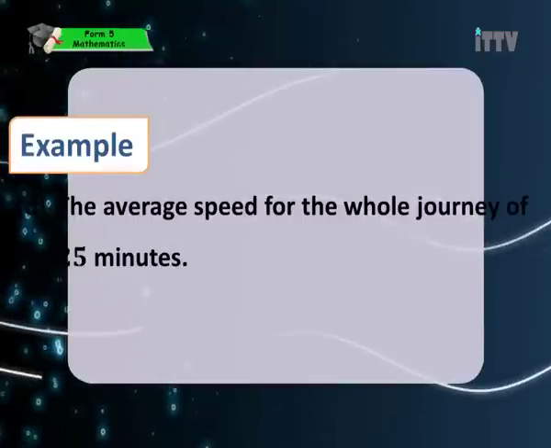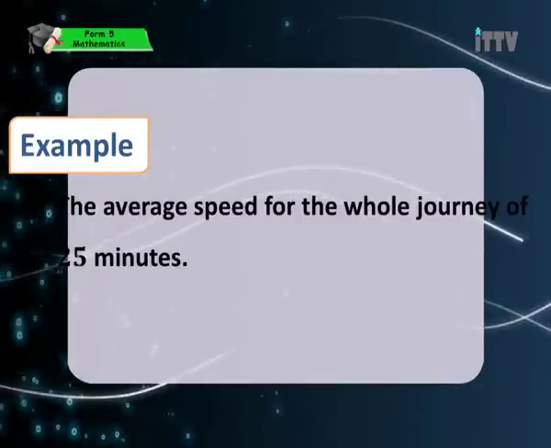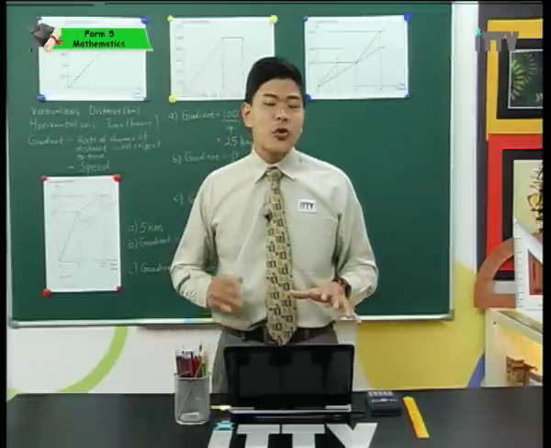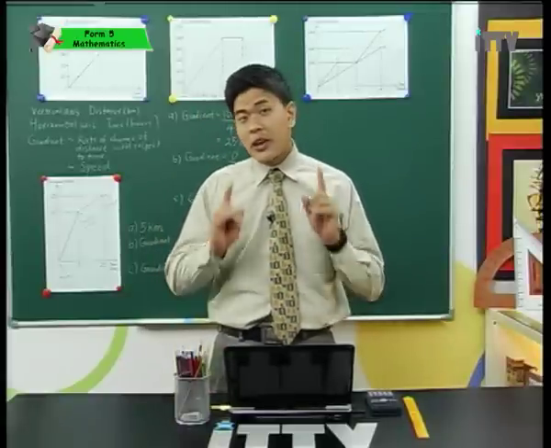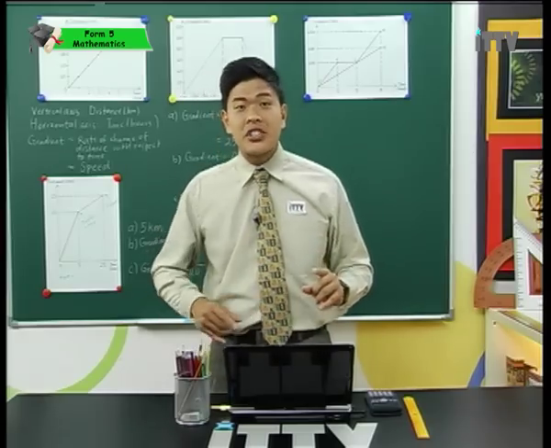Now let's take a look at the next part here, which is D. The average speed for the whole journey of 25 minutes. Because she travels at different speeds, we need to find the average speed. So let us find the average speed of Mandy's journey.